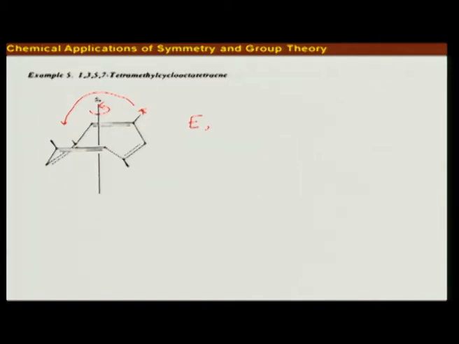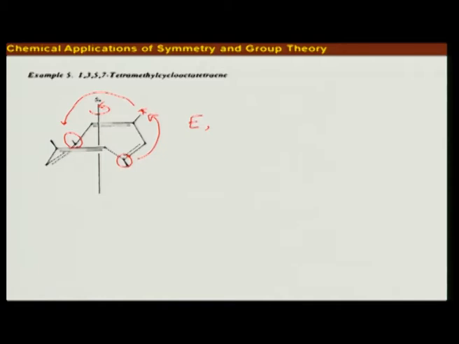So that will come here, while the one sitting here will now move up here. Ultimately you will get back an indistinguishable structure. So there is a valid S4.